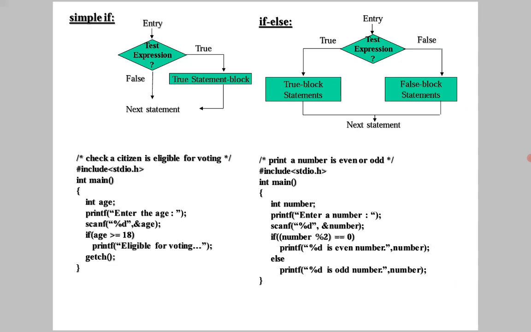Here we simply accept the age of a person and test whether the age is greater than or equal to 18. If the age is 18 or more, then he is eligible to vote, otherwise he is not eligible.